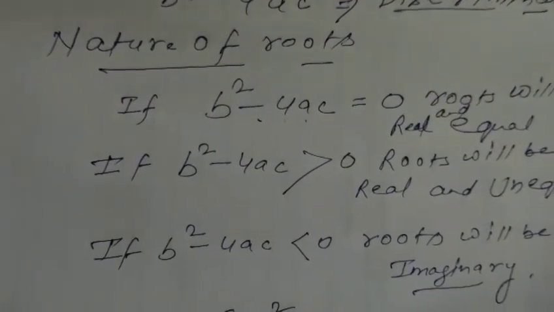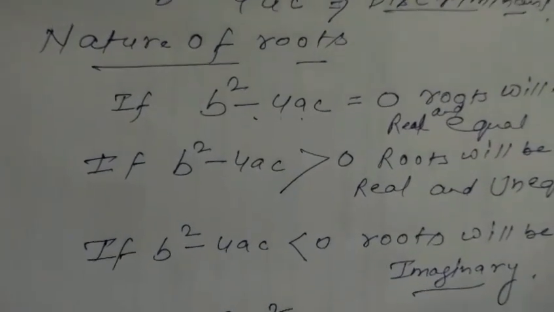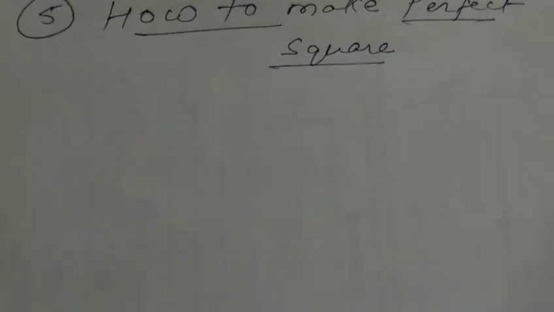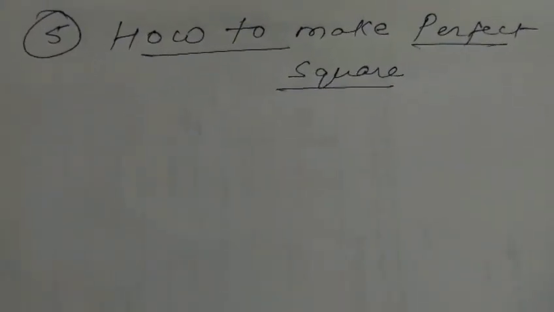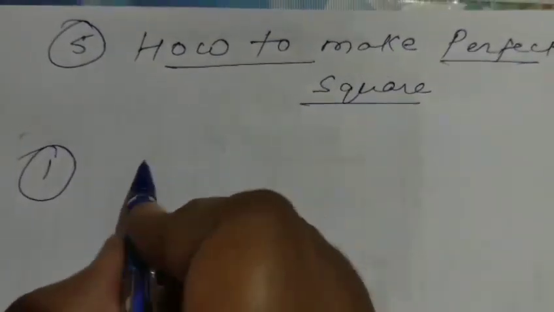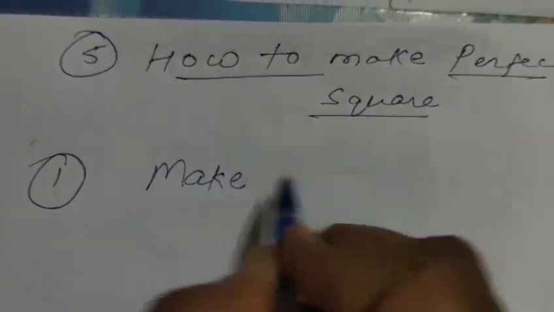Now let us move to the fifth concept of quadratic equation: how to make a perfect square. You have to follow these steps. First step, make the coefficient of x square as 1.